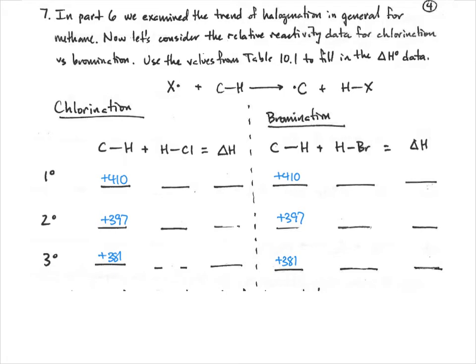Then we saw from the prior page, the value you were using for the HCl cleavage is negative 431. So all we're doing now is adding these together to get this column here.